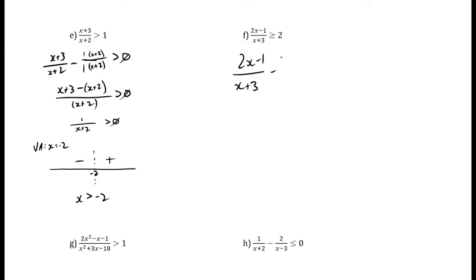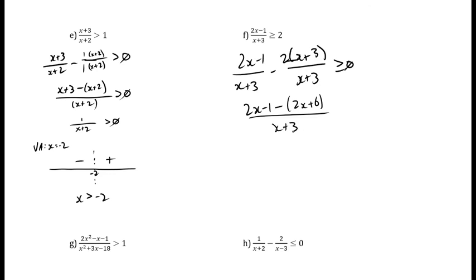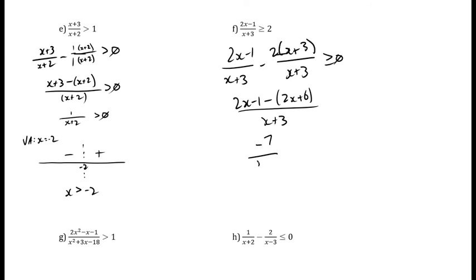So that's going to look like 2x plus 3 over x plus 3 greater than or equal to 0. I've got a common denominator, so I can get 2x minus 1 minus 2x plus 6 over x plus 3. 2x minus 2x, that's going to be gone. And negative 1 minus 6 is negative 7 over x plus 3 greater than or equal to 0.